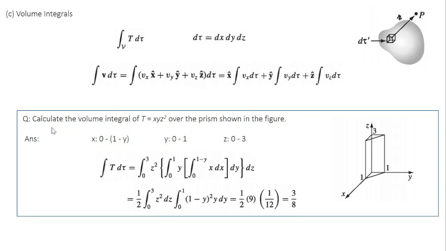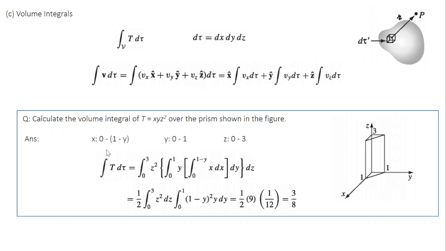Let's do a quick problem. Calculate the volume integral of the scalar function T equal to xyz square over the prism shown in the figure. So let's first find out the range of values for xyz coordinates. Z varies from the origin 0 to 3. Y varies from 0 to 1.